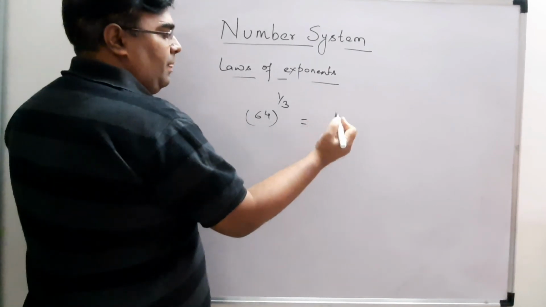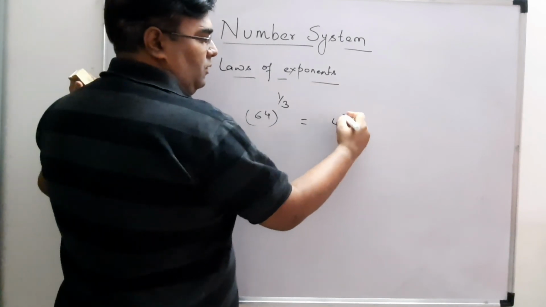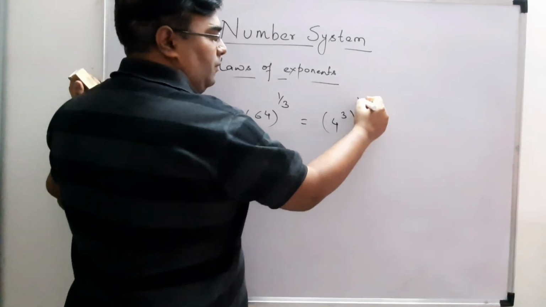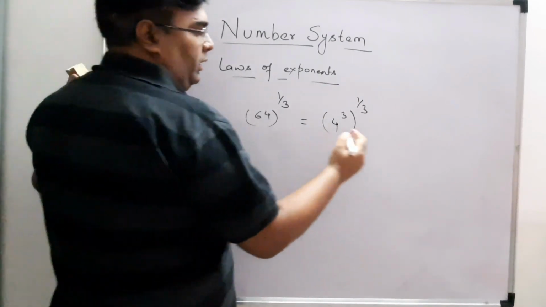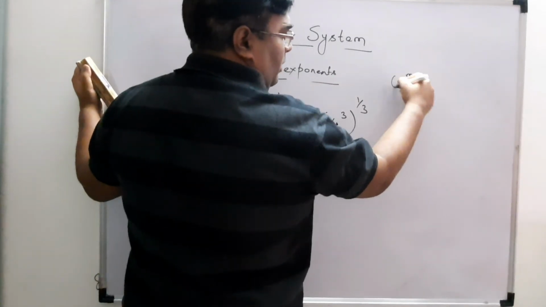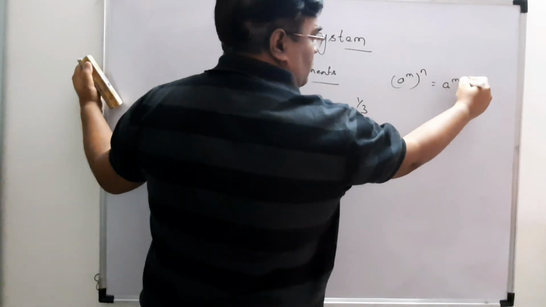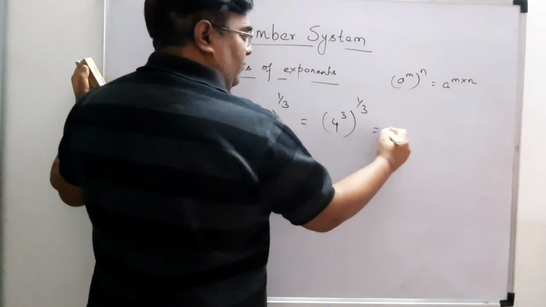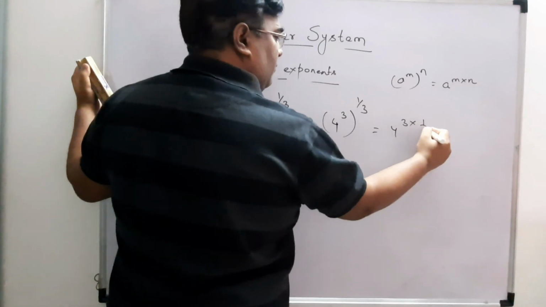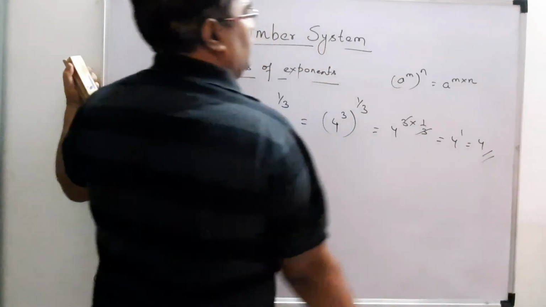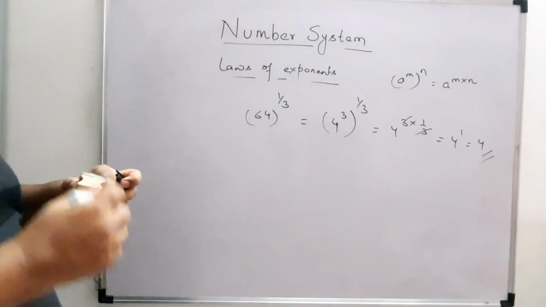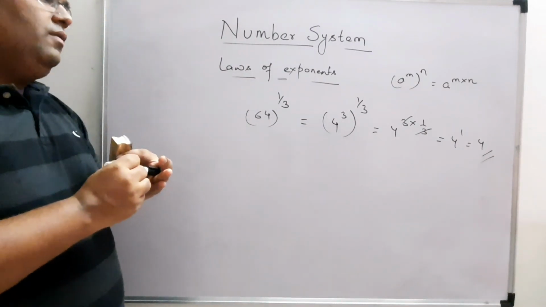It will be like 64 is 4 cube, raised to 1 by 3, and we know one thing is that a raised to m upon n is what? A raised to, so it will be, this 3 will be getting cancelled. Okay, so this way you can solve these kind of questions.